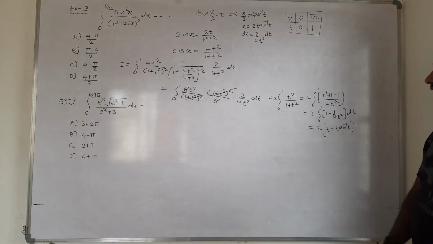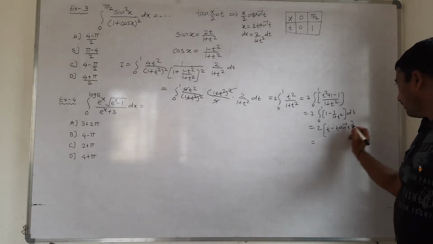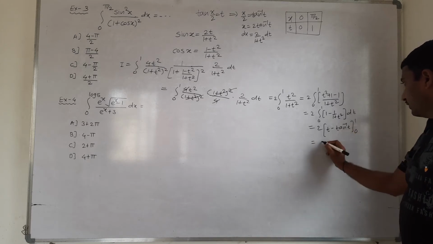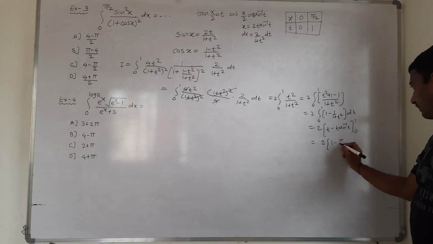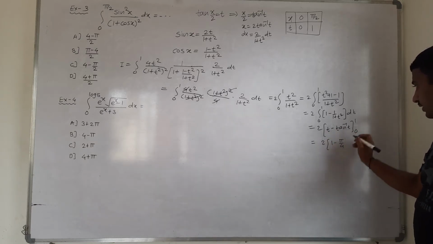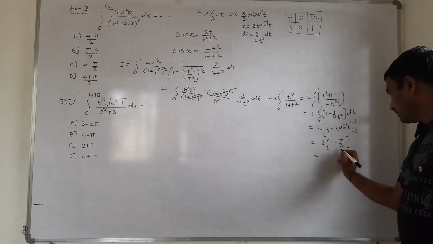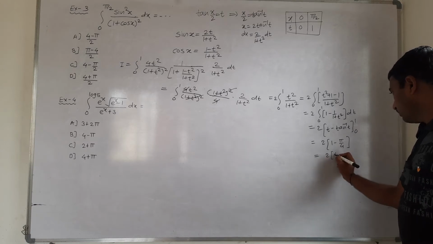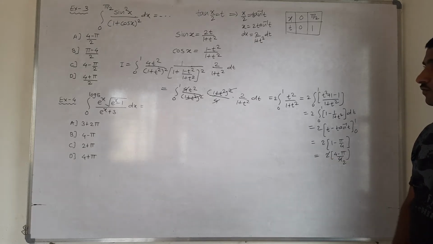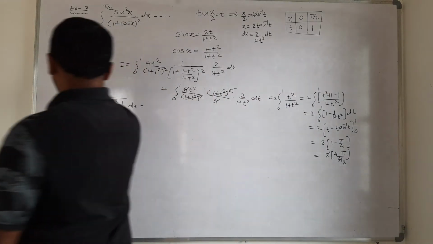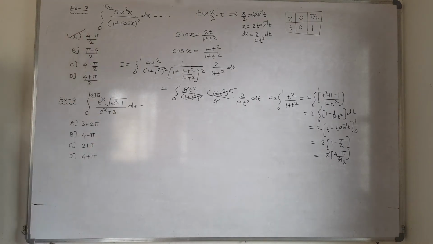Now put the limits, upper limit 1 and lower limit 0: 2 into 1 minus tan inverse 1, which is pi by 4, the 0 terms neglected. That is 2 into 4 minus pi upon 4. The 2 cancels, giving 4 minus pi upon 2. That is the A option.